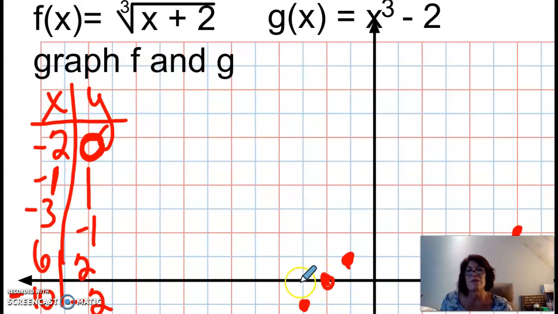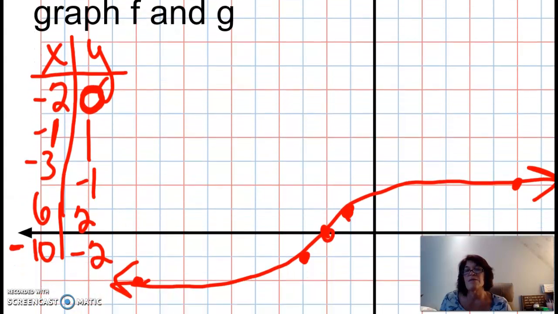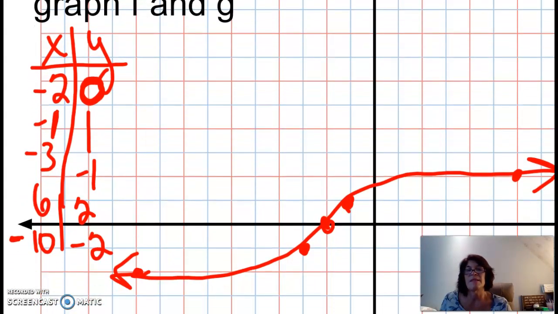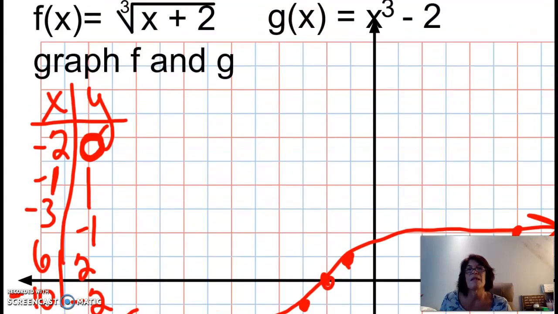And negative 10, 1, 2, 3, 4, 5, 6, 7, 8. Negative 10, negative 2. It's sort of this thing happening. Let me pull down so you can see it. It's a nice looking curvy thing.